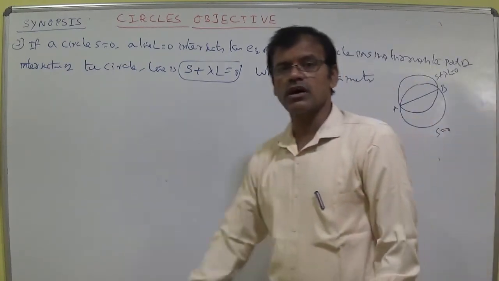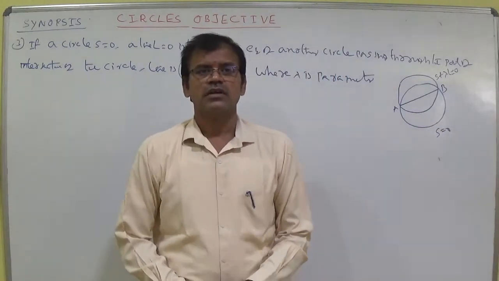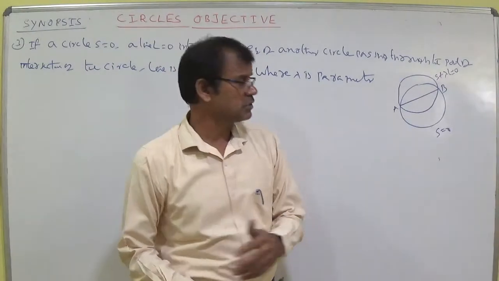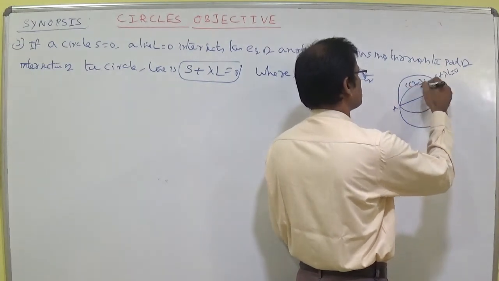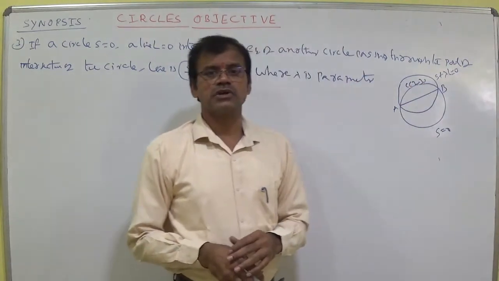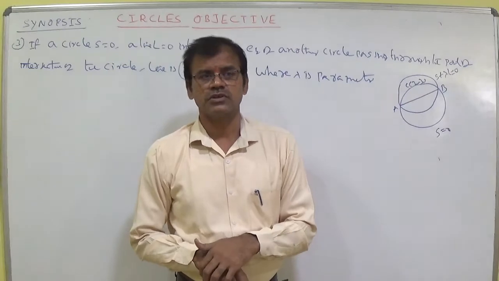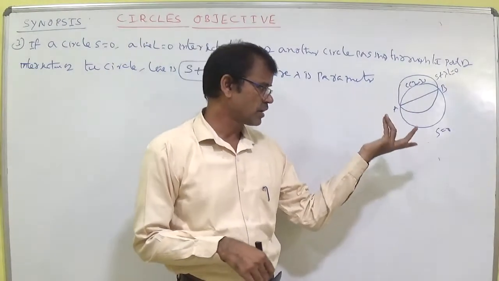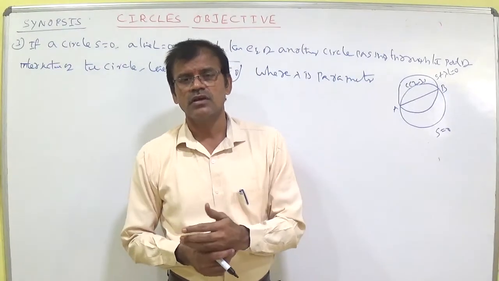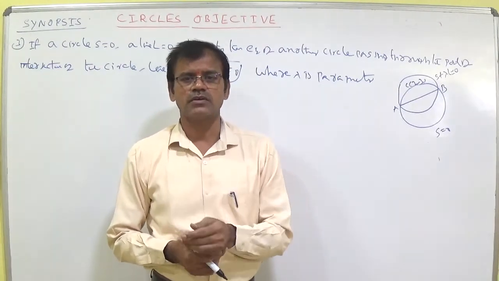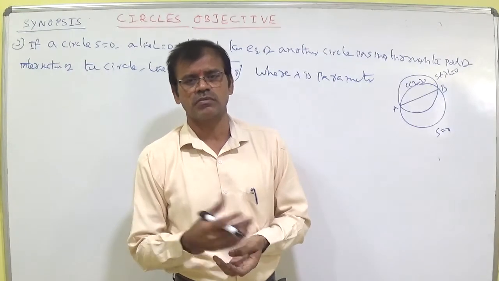Sometimes he used to give the answer in S and L. And also he used to give that this circle is also passing through a point C, simple 2, 3 like that. Then you should use the formula S plus lambda L is equal to 0. S means whatever circle he gave, x square plus y square minus 2x plus 3y plus 12, like that, plus lambda into L, also used to give 2x minus 3y plus 12, like that.